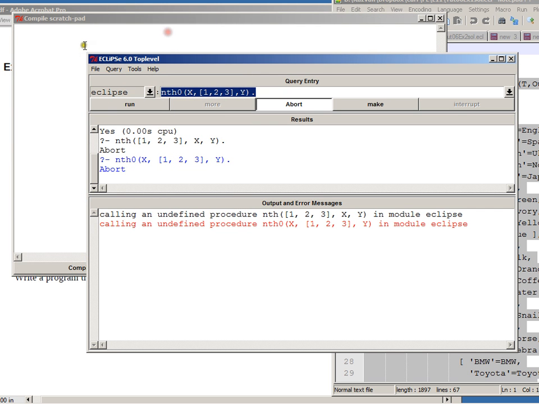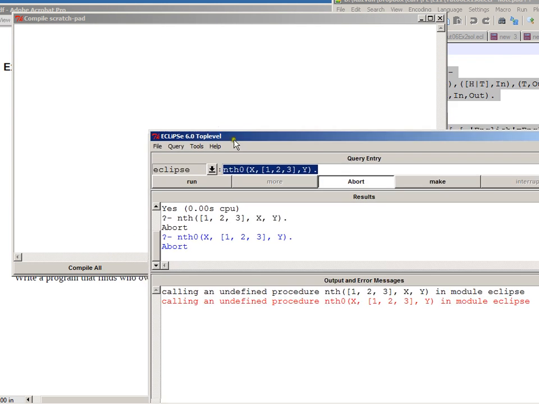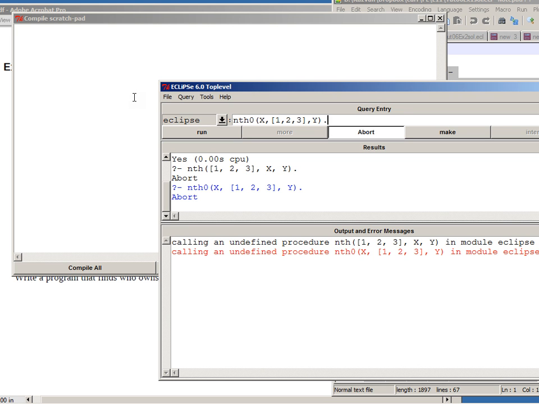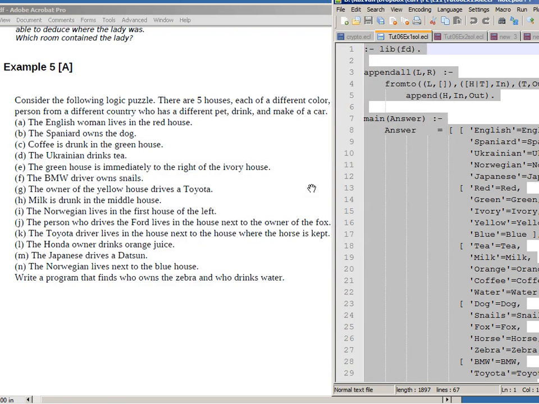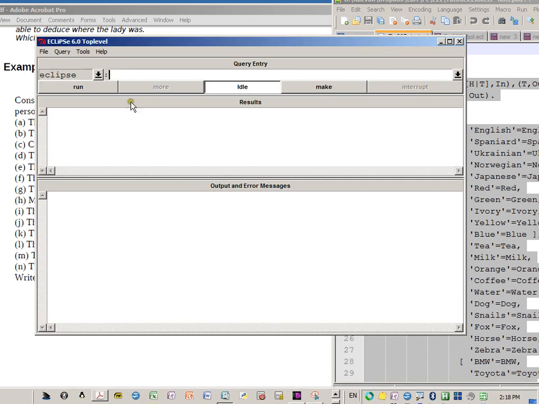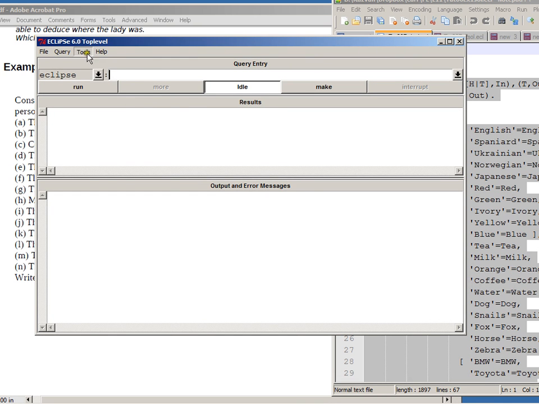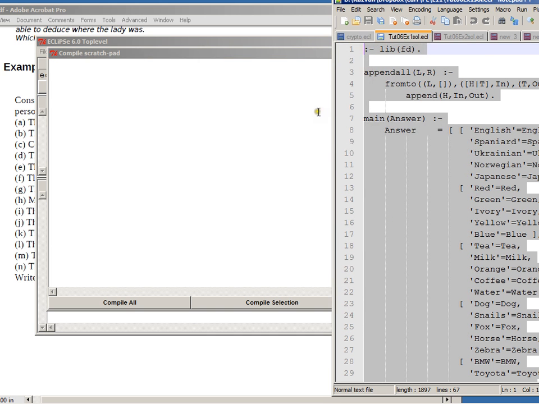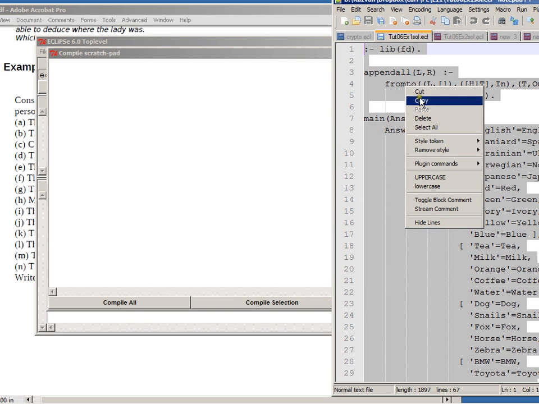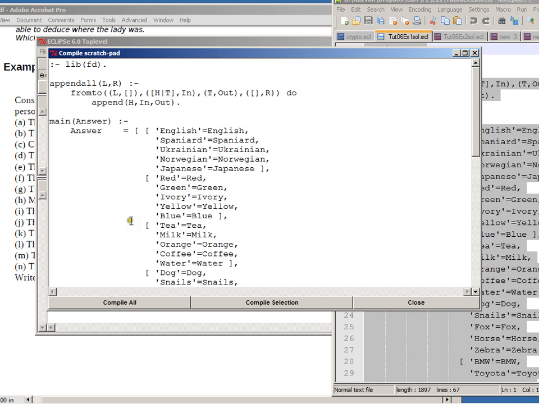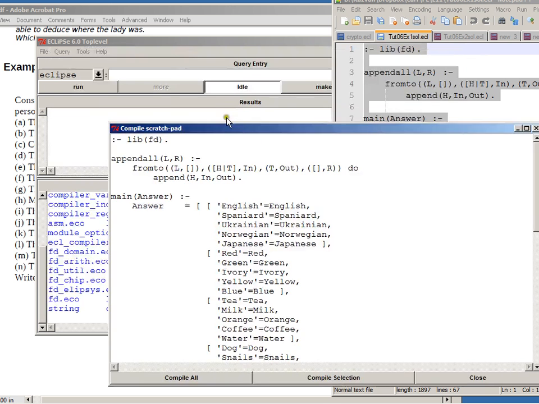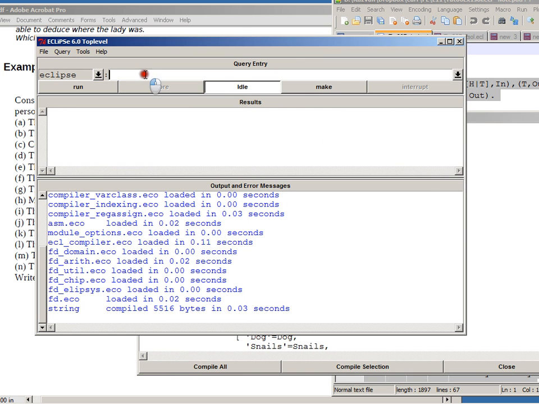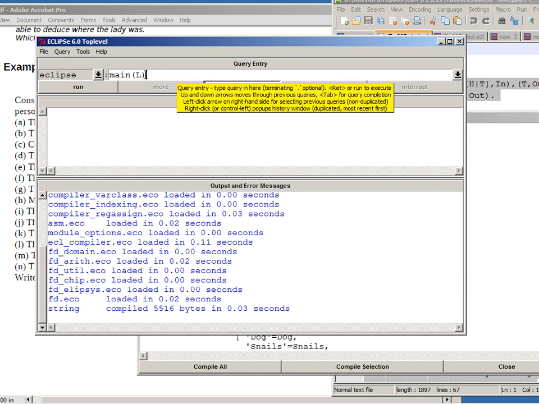It has a compile scratch path, but this one doesn't save, and something is wrong with it. It has a pure command line as well, which I actually prefer. So I can say compile all, code gets compiled, and then we can ask for a solution in main.